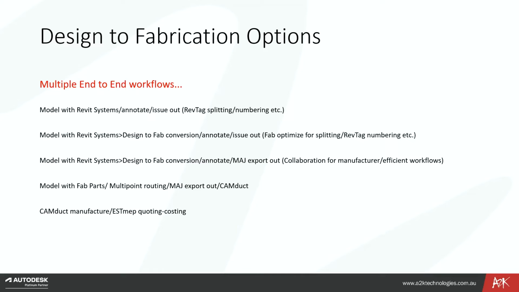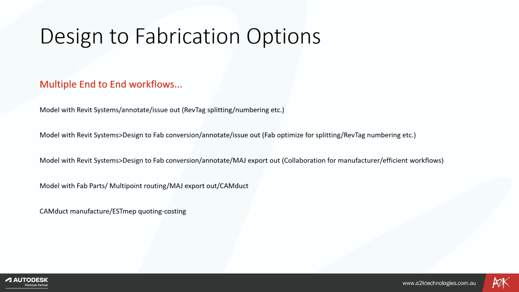I mentioned a little bit earlier that you've also got the ability in the Revit space to do multi-point routing, which is basically the same workflow. I'm sure Brendan was going to show that, but there's a similar workflow with fabrication parts as there is with Revit systems. You can basically click from point to point and nominate your duct sizes, and that enables you to model directly with fabrication.